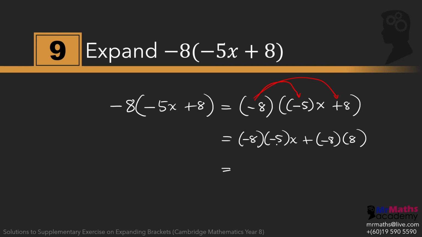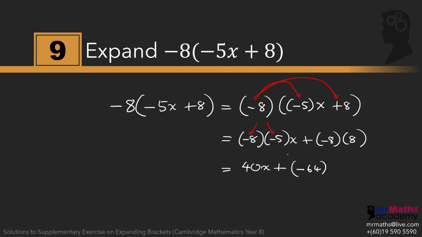And minus 8 times minus 5 will become a positive number. Okay, because a minus number meeting a minus number will result in a positive number. So that is going to become 40x, and plus minus 8 times 8 is minus 64.